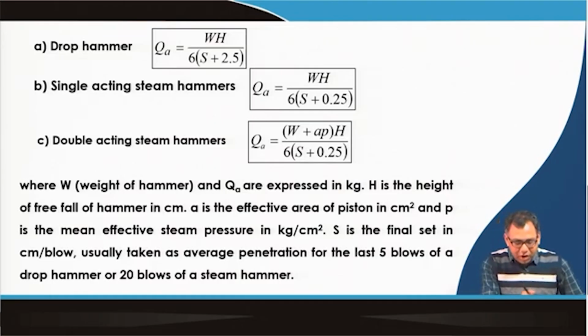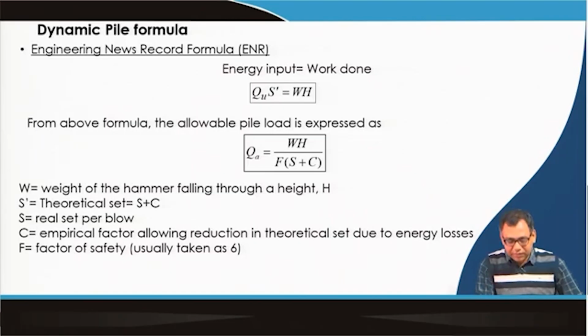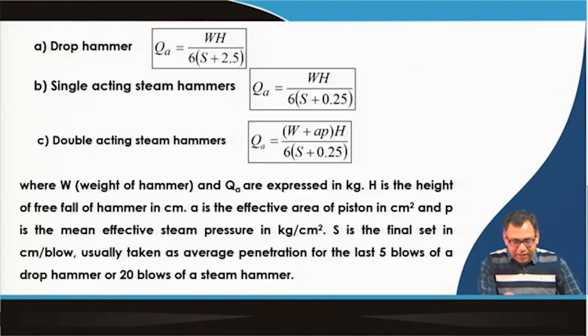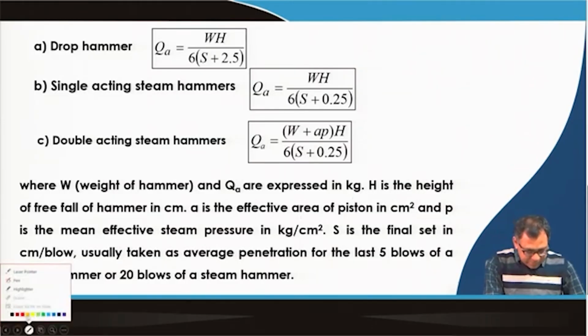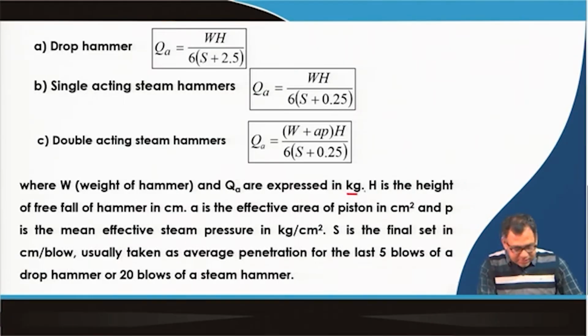Now, this is the basic equation, and for different types of hammer we can use it in different forms: for the drop hammer, the single acting steam hammer, and the double acting steam hammer, these are the equations. But here we have to use the proper units. Q_A is in kg, and H is in centimeter, remember that.